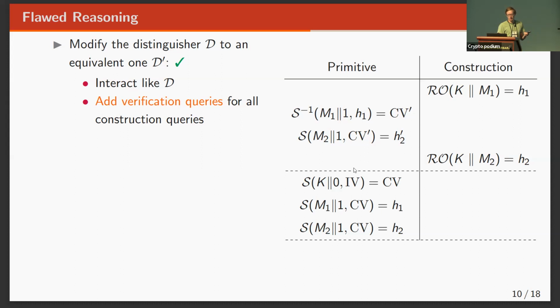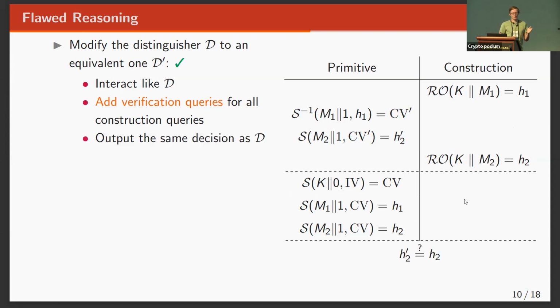So it first calls the primitive with the IV and the key as input to get the chaining value, and then with this chaining value and M1 to get H1, and the same for H2. They have a bit of overlap, so one query is repeated, but we don't denote it. After these verification queries, D prime will simply output the same decision as D did. In this case, it checks whether these two values are the same, but that is not that important.